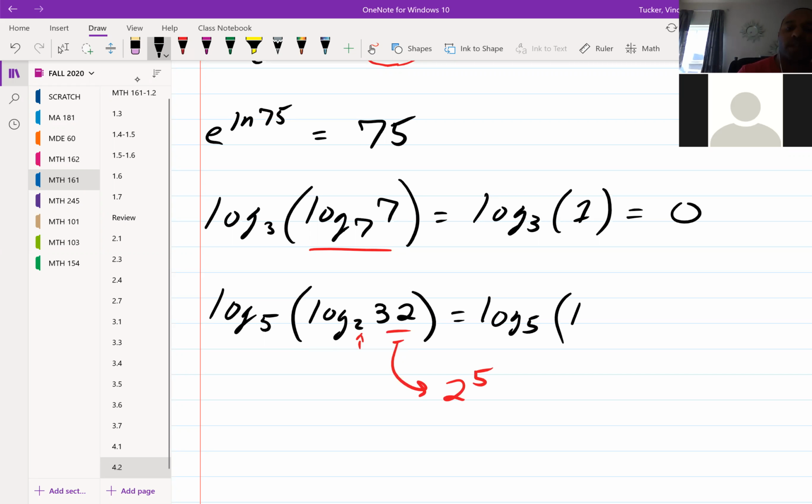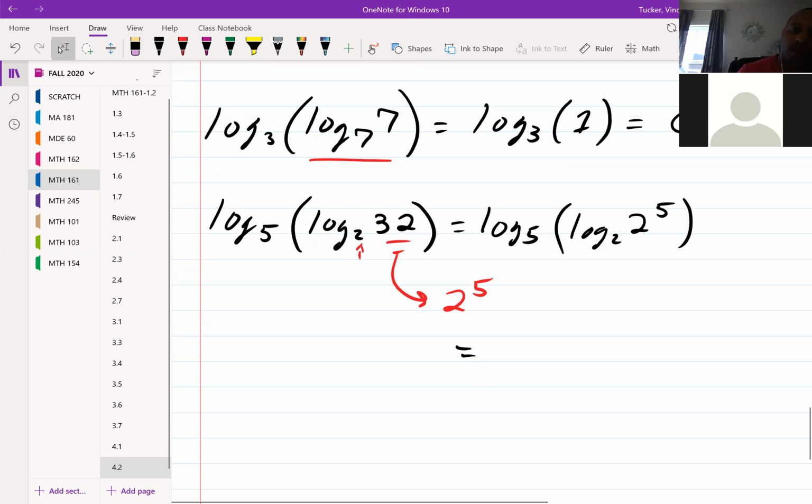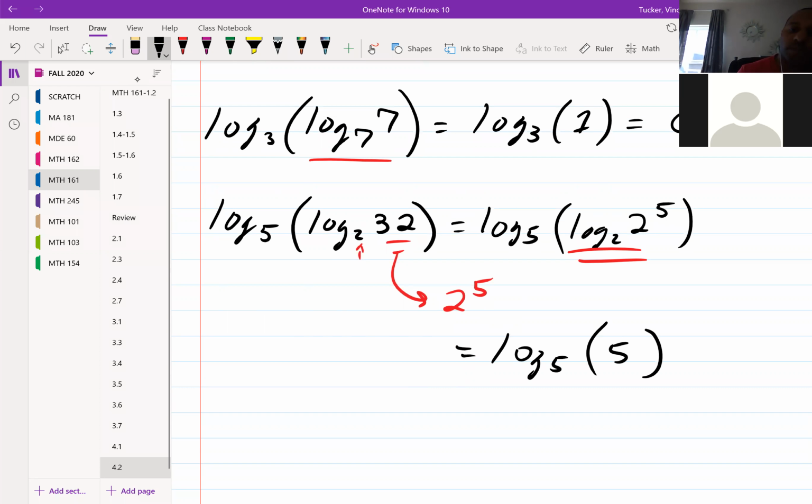So I can rewrite that 32 as 2 to the 5th power. So now this log base 2 of 2 to the 5th power will reduce down to 5. And then log base 5 of 5 is a positive 1.